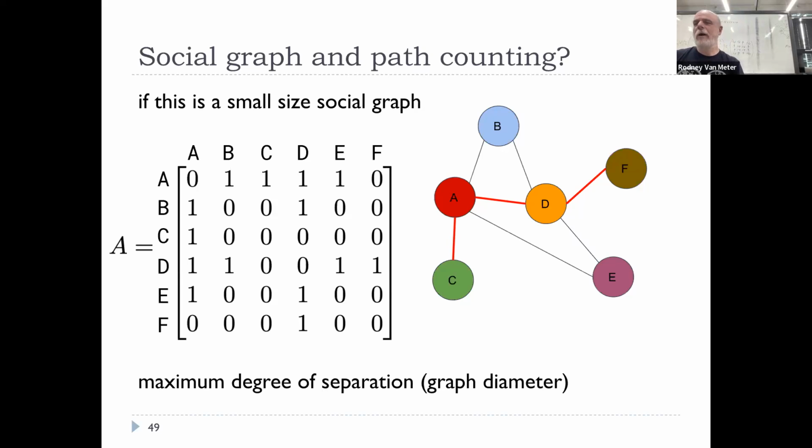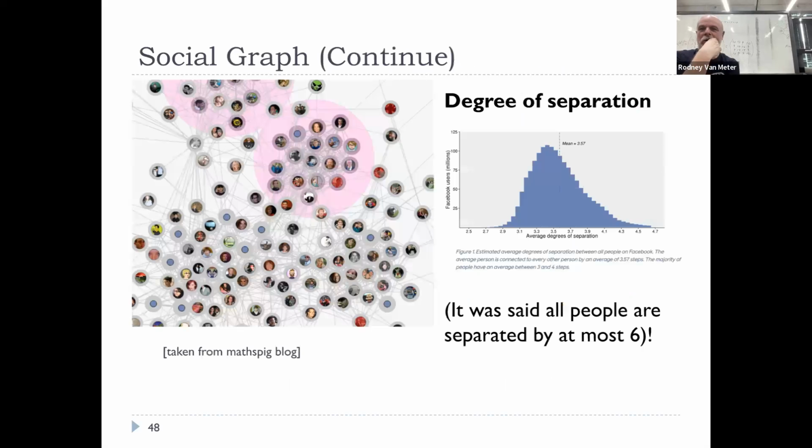All right, so one of the things that we can talk about. We asserted here earlier that the longest shortest path between any two people is 6 people. That there's never more than 6 hops between any two people.